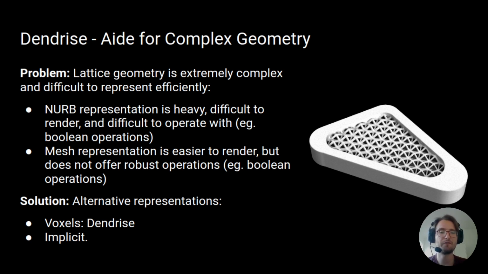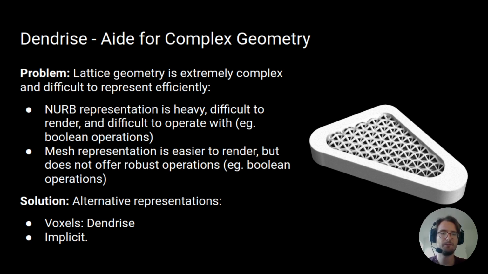Think, for example, of Boolean operations. We also have mesh representations, which are easier to render, but they also do not offer very robust operations. Think of unions, intersections, hollowings. Meshes, especially when complex, often don't play well.